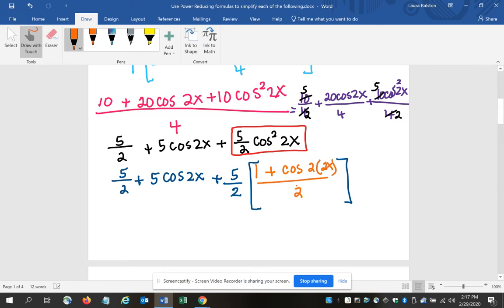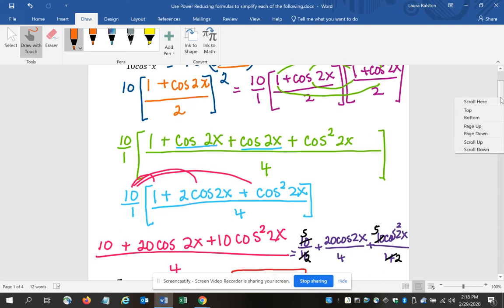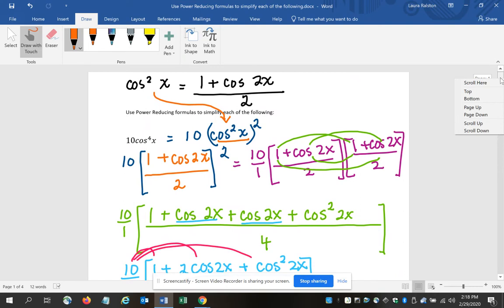I just did a direct substitution of the formula that we had at the top of the page, that we started with, into that problem, in place of cosine squared.